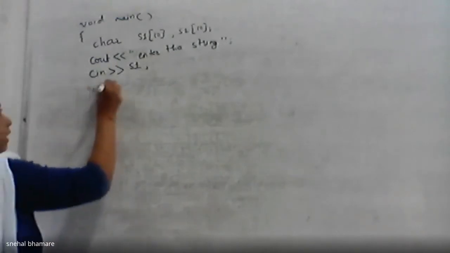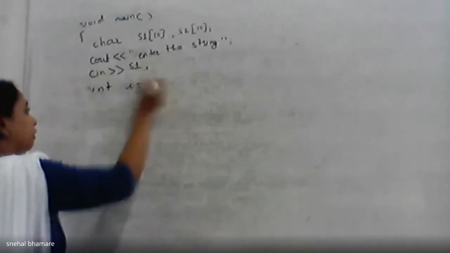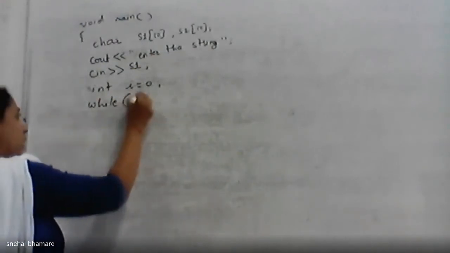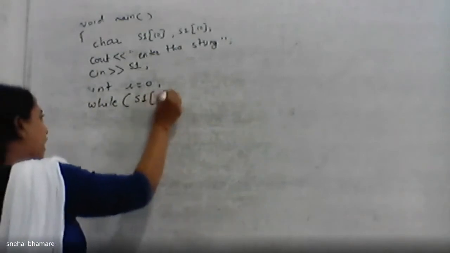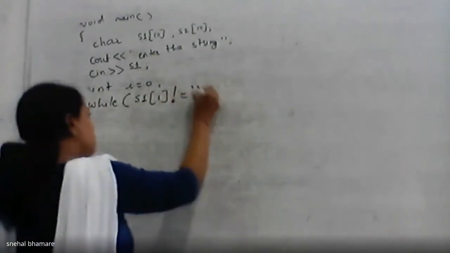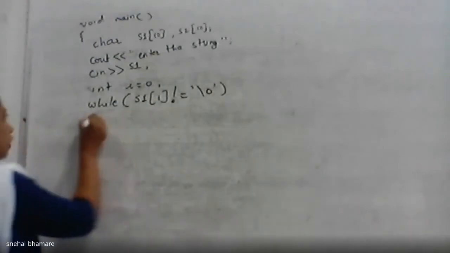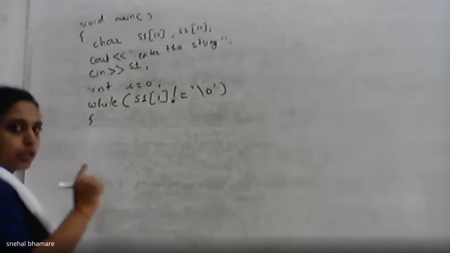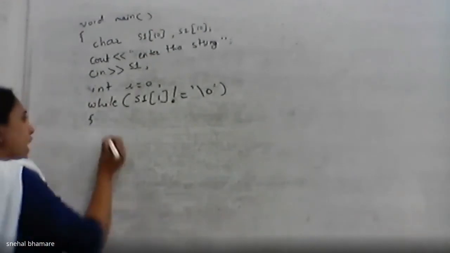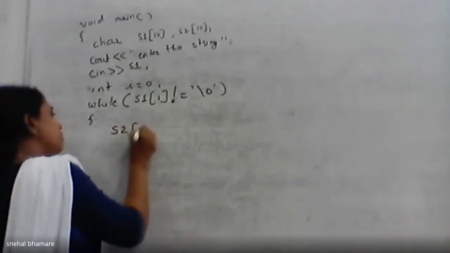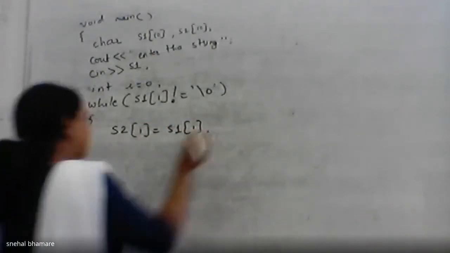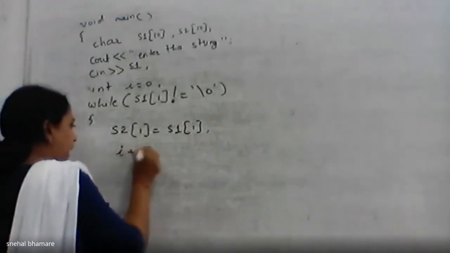So take the I variable, initialize it to 0, then while S1 of I not equals to \0, copy each character of the string from S1 to S2 at the location I. So S2 of I equals S1 of I, and increment the I variable.